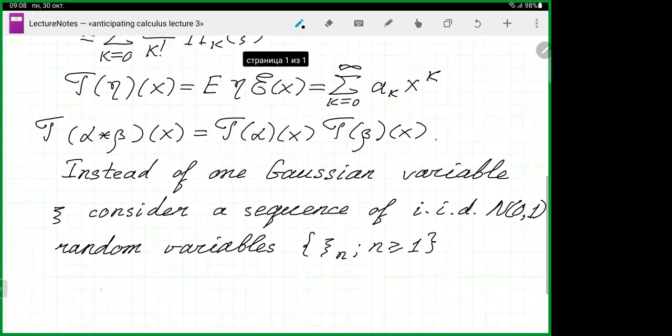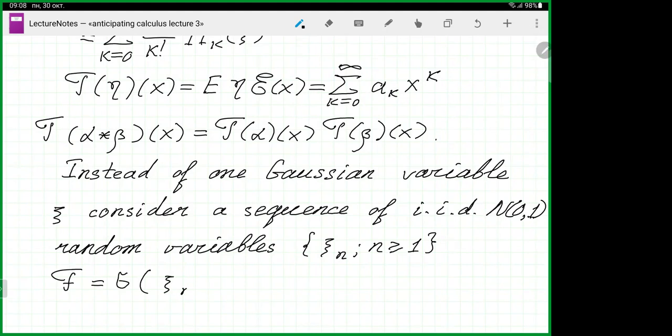Then suppose that our sigma field, you remember we have the probability space omega, F, P, and F is a sigma field of random events, is generated by the sequence xi n.